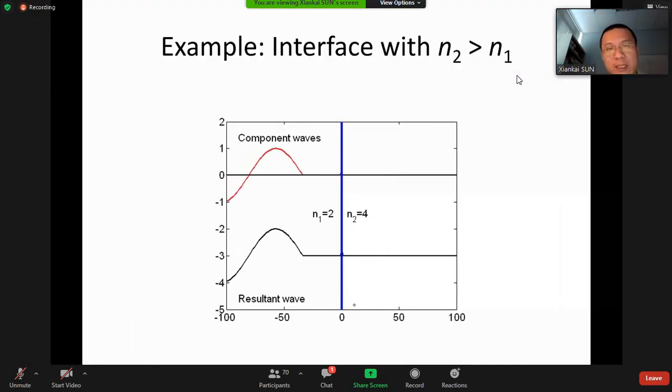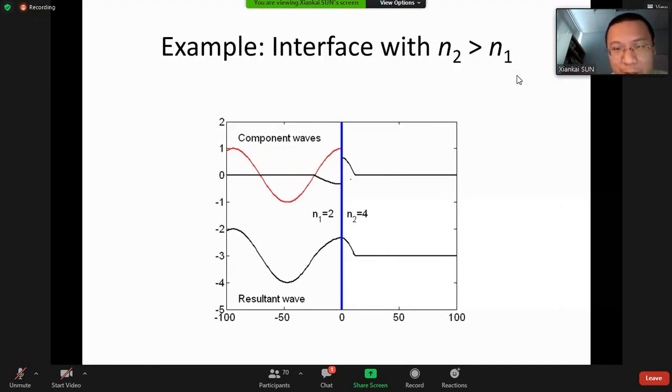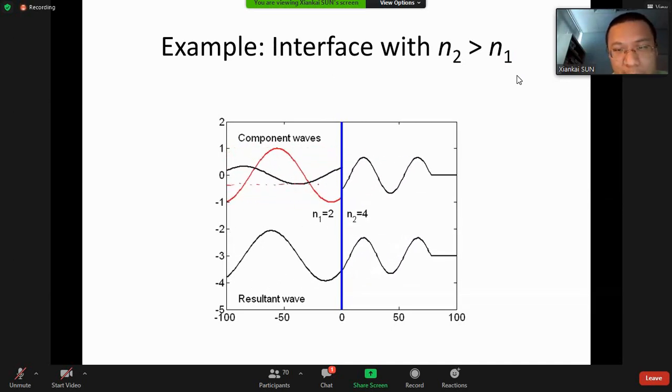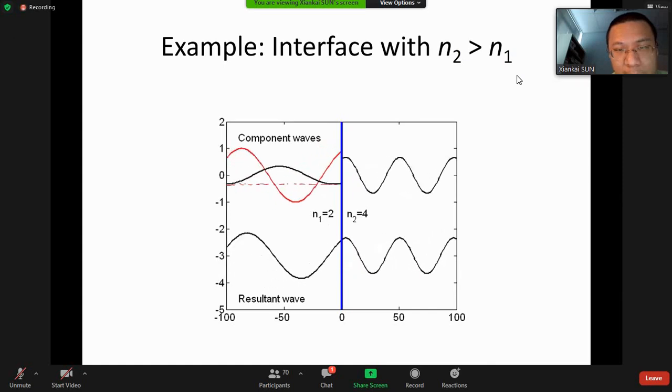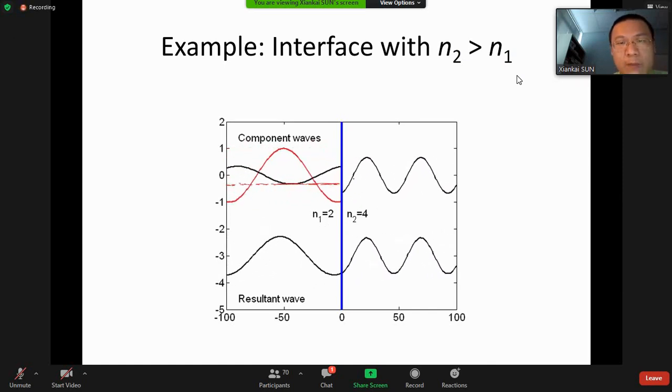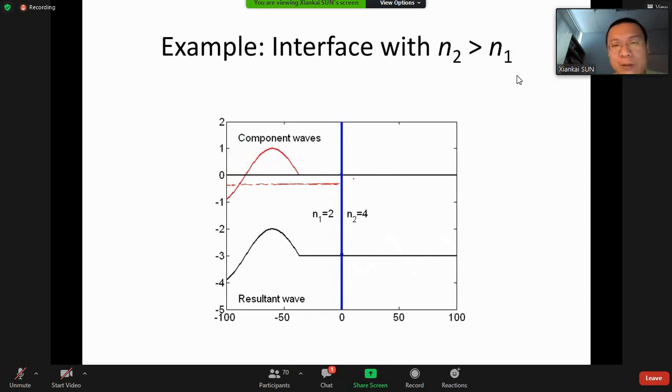Alright, so this is the incoming wave. Okay, the reflected wave, you see? The reflected wave is inverted, right?